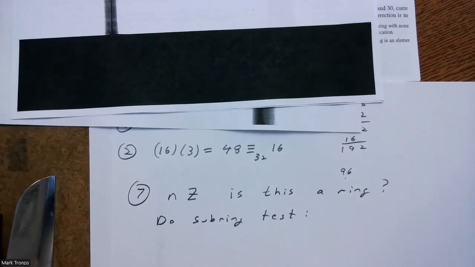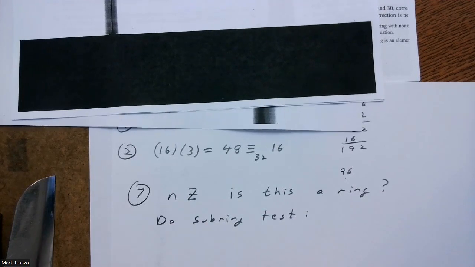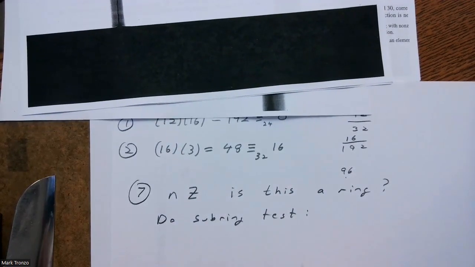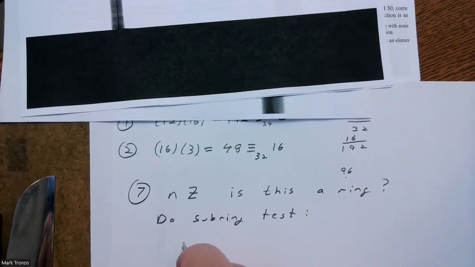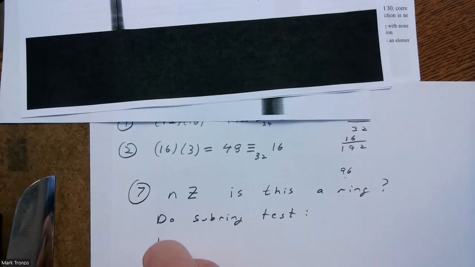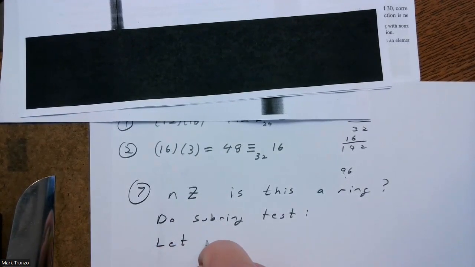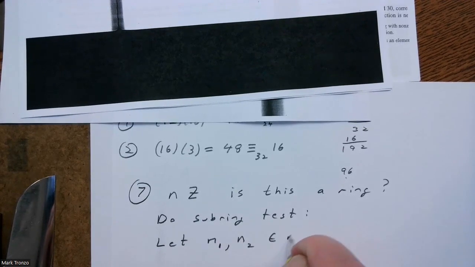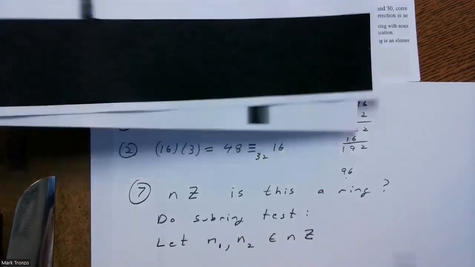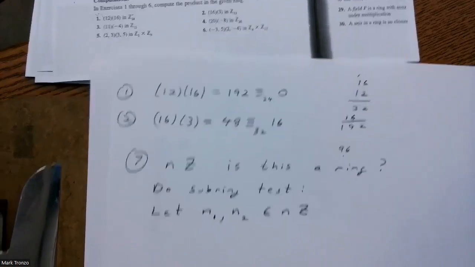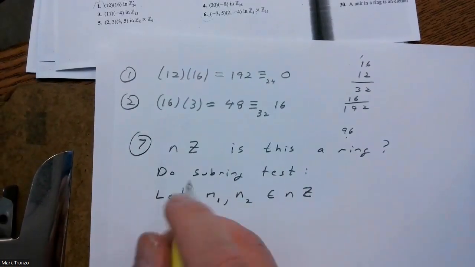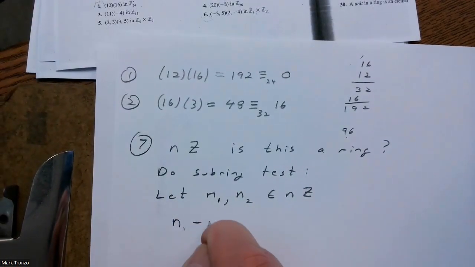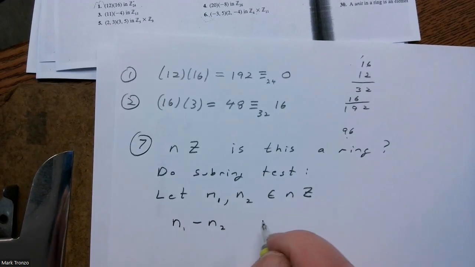So if we take any two elements, let's say n1, n2 be in nZ. Then we have to test n1 minus n2.